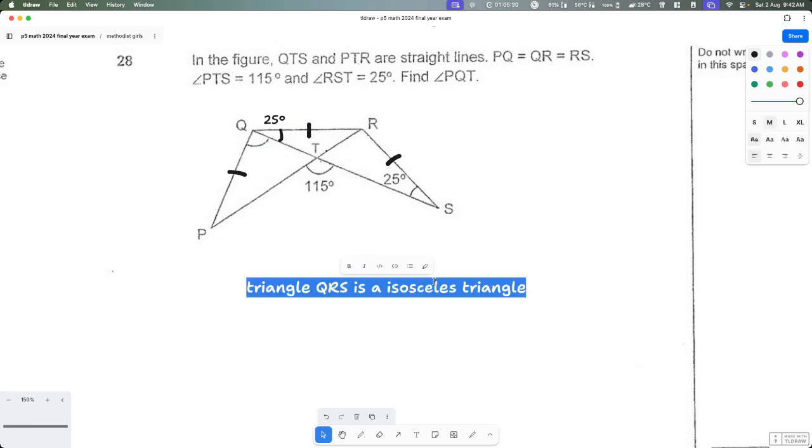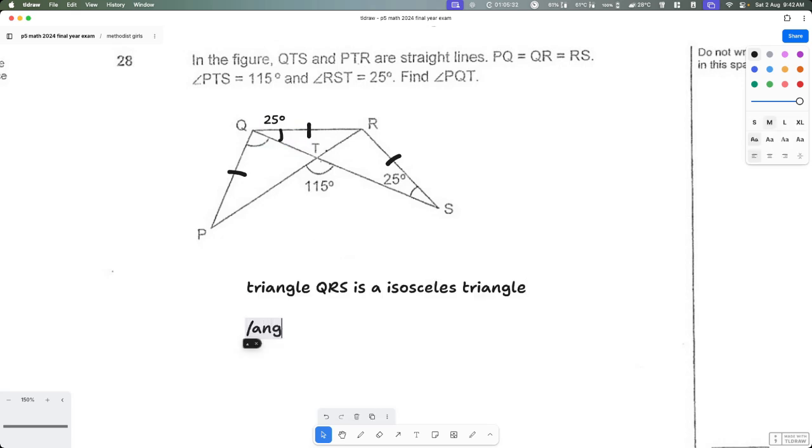I'm just going to write down also, angle RQT is equal to angle RST. So that means this is 25 degrees.